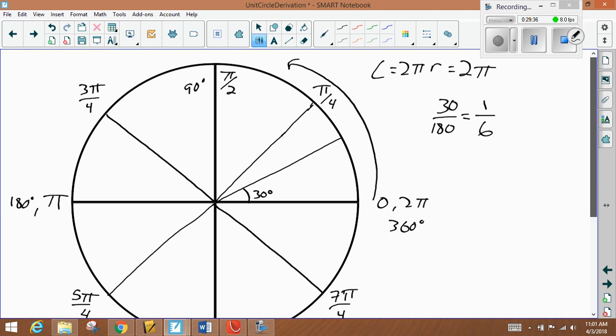So this 30-degree slice is 1/6 of that half, right? We said that the 1/4 was 1/4 of the pi, so it makes sense to say that this is pi over 6. And that actually leads us right into how to convert from degrees to radians.